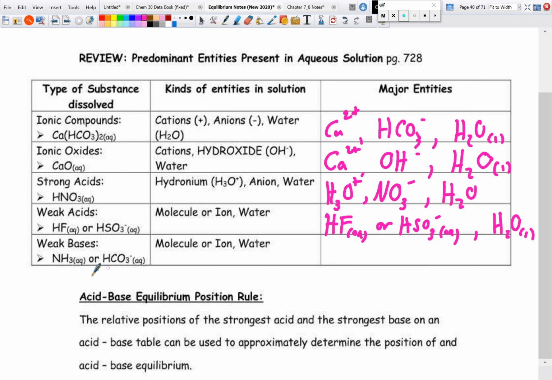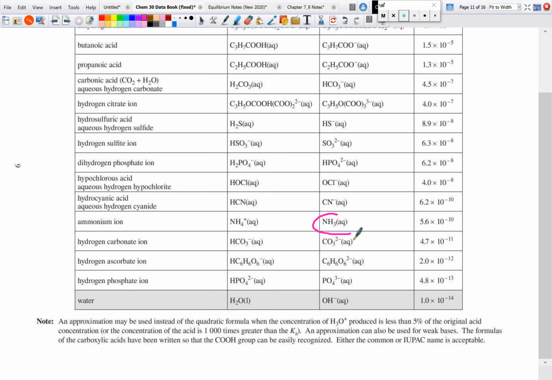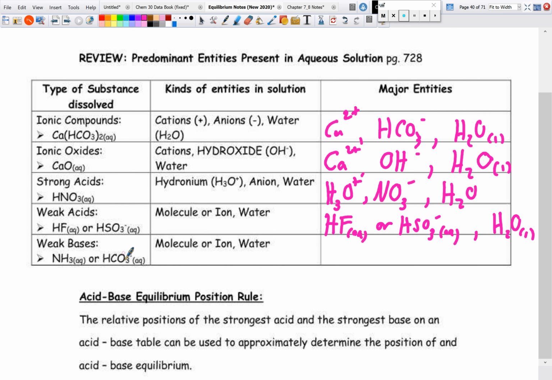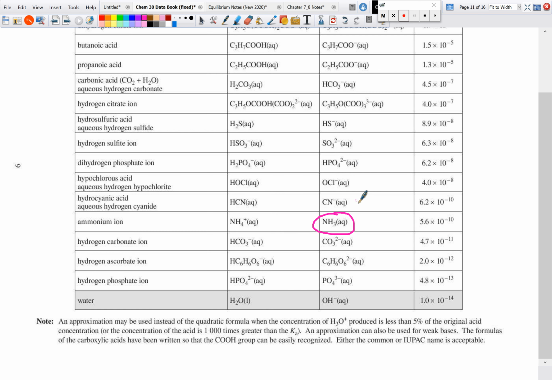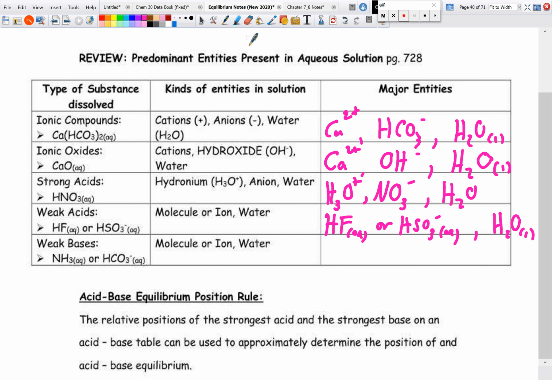So what that means is that if we're given like ammonia, NH3, because that shows up in our base section, it's going to be a weak base because it's not hydroxide, or even this ion, HCO3 minus, same thing, HCO3 minus shows up on this side, so it can be a weak base. If we put any of these in water, they remain unchanged.